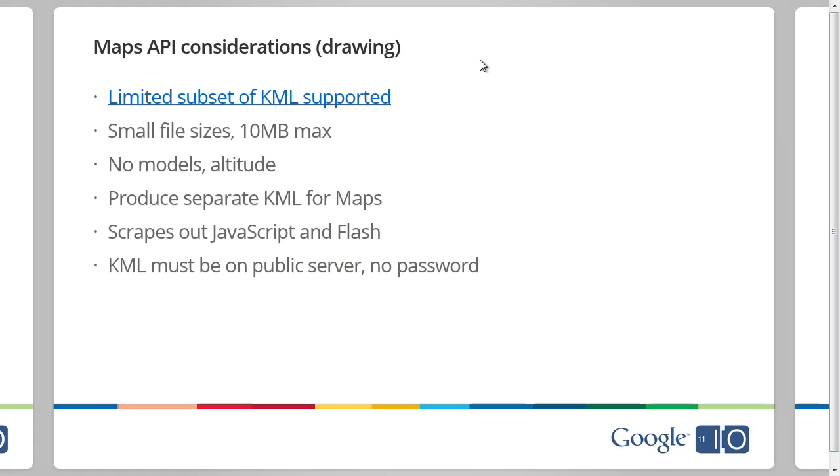And also for security reasons, because we're passing this off to a JavaScript application that may be sitting on a different server. You notice that the USGS file I loaded was loaded directly from USGS.com. Since it's being loaded from a different site, we have to be careful about cross-site scripting and all that sort of thing. So it'll scrape out JavaScript and Flash in the description balloons.